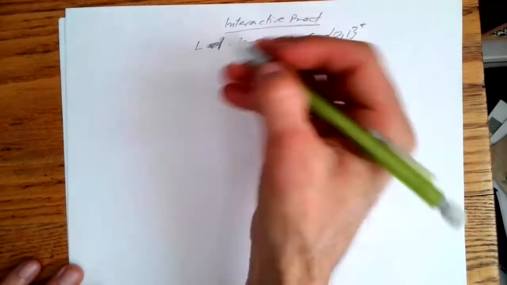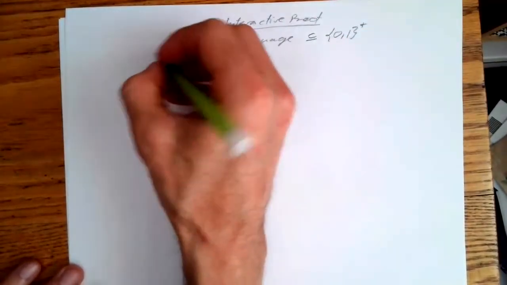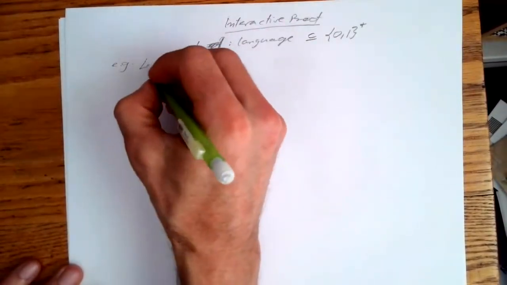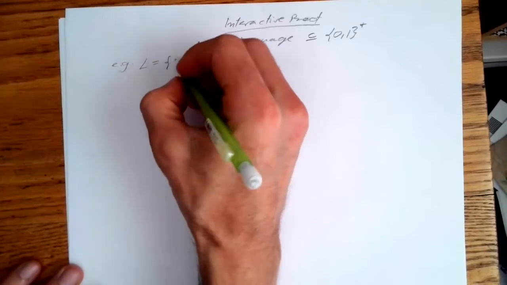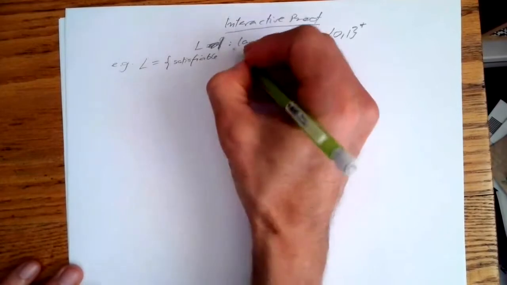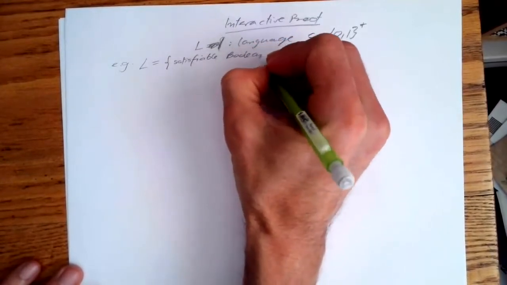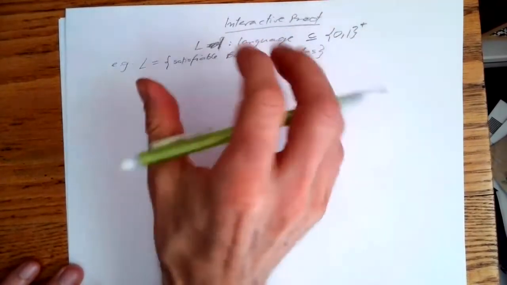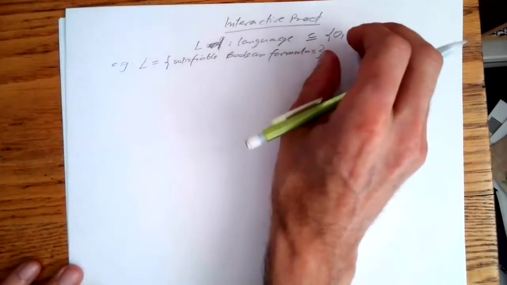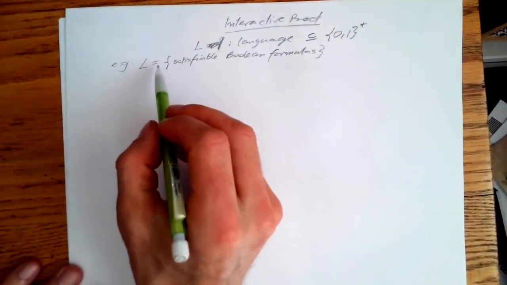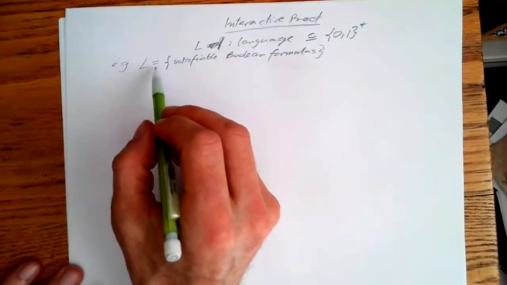Some bit strings are in the language, some are not. For example, L is a subset of satisfiable Boolean formulas. Some formula given to you encoded in binary is satisfiable, some is not. And you might remember that this is an NP-hard problem.